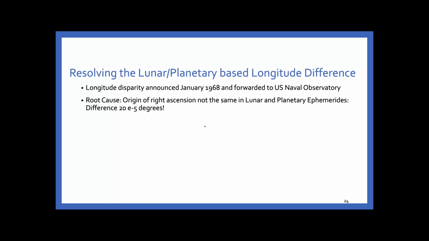And the root cause of this difference was that the origin of the right ascension, i.e. where the vernal equinox was, was not the same in the lunar and the planetary ephemerides. And that explained the difference we saw in the longitude estimates when we got the missions that were flown to the moon or had been by the planets.